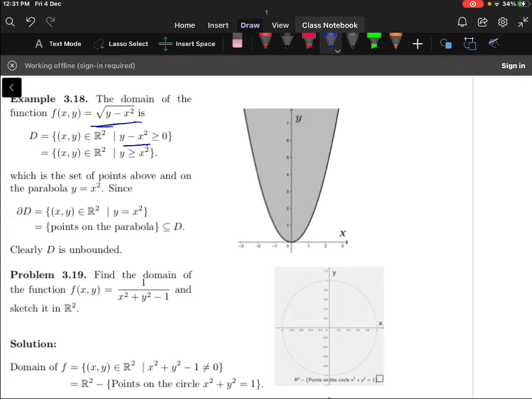If it is negative, it becomes a complex number. So y minus x squared is greater than or equal to 0, which means y is greater than or equal to x squared, the set of points above and on the parabola y equal to x squared. This is the equation of the parabola, symmetric about the y axis.